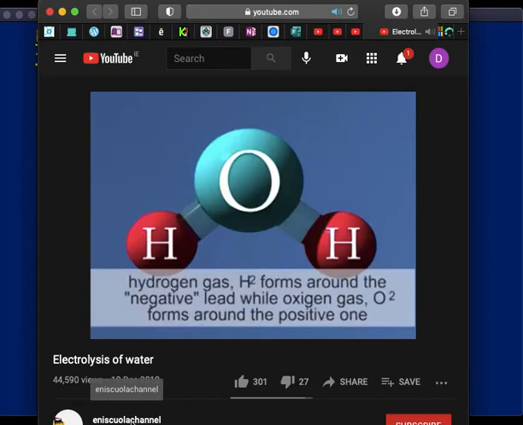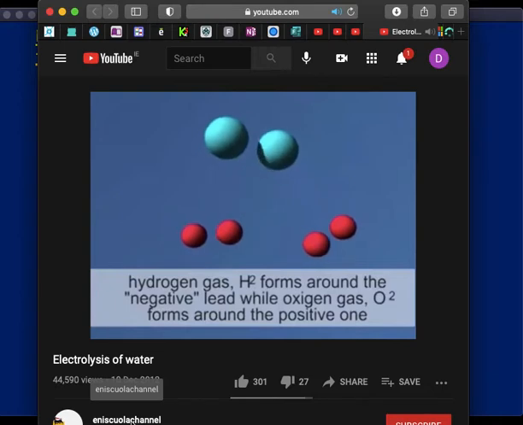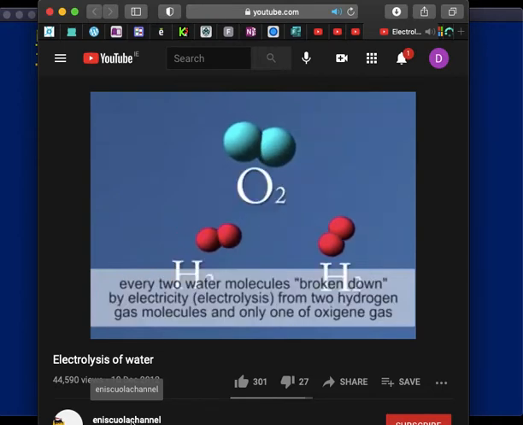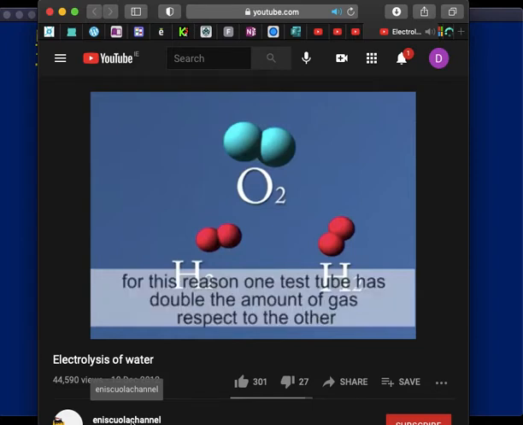Hydrogen gas, H2, forms around the negative lead, while oxygen gas, O2, forms around the positive one. Every 2 water molecules broken down by electricity form 2 hydrogen gas molecules and only 1 of oxygen gas. For this reason, one test tube has double the amount of gas with respect to the other.